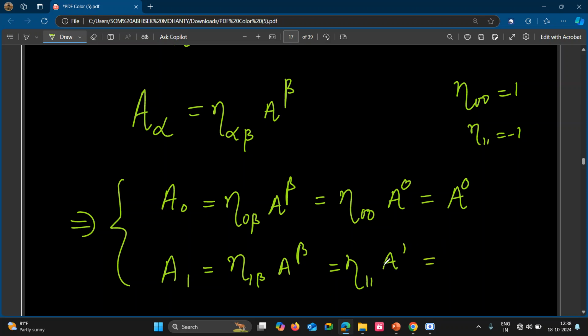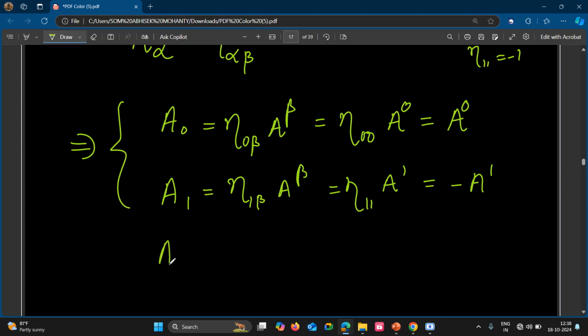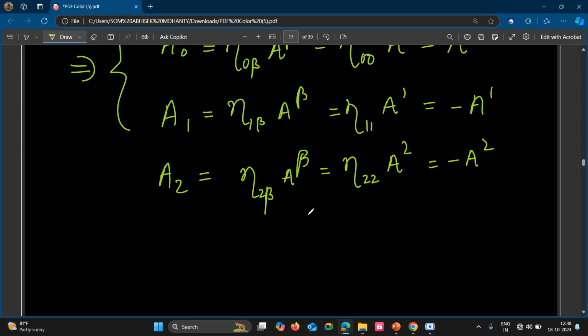So I can write it as what? Eta one one is minus one. So minus A one. Okay, exactly like that. A2 is eta 2 beta A beta, and this one will become eta 2 2 A2, which is minus A2, of course, because eta 2 2 is also minus 1. A3 is eta 3 beta A beta, which is equal to eta 3 3 A3.